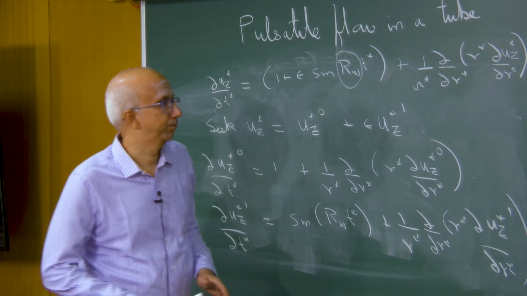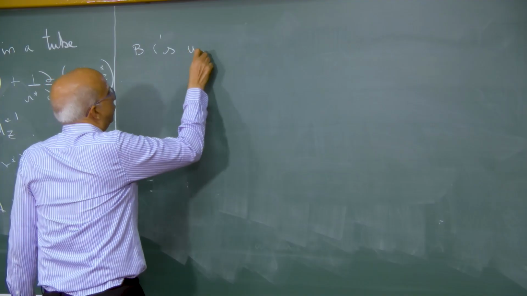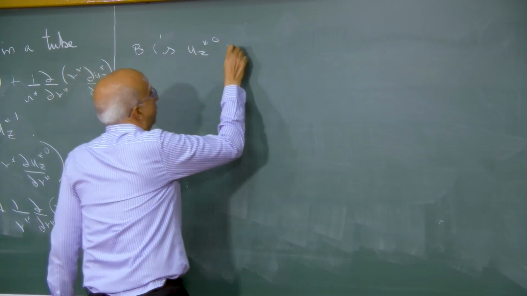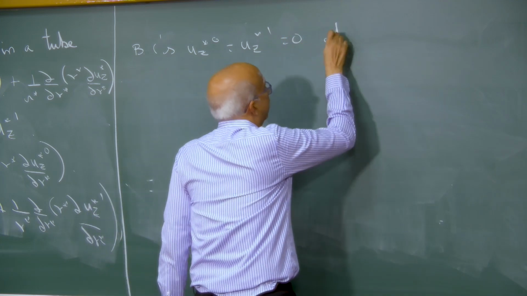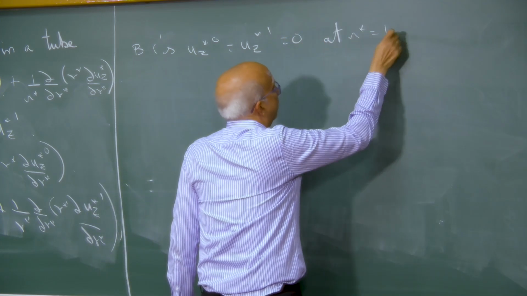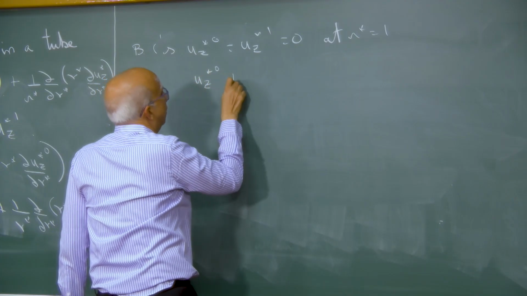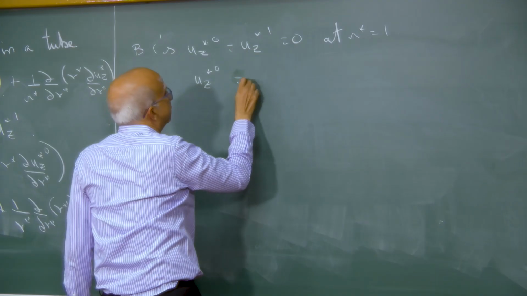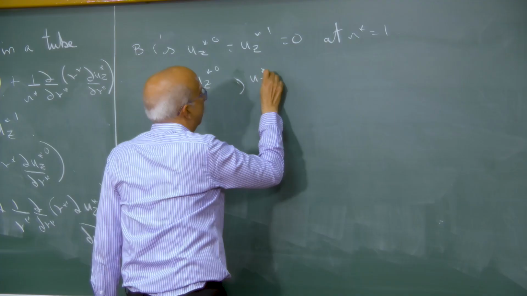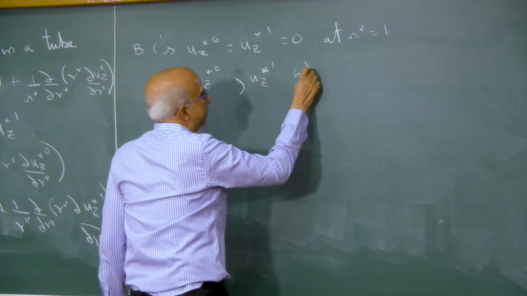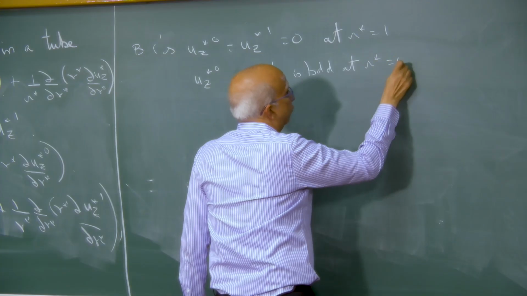The boundary conditions are u_z*0 equals u_z*1 equals 0 at r* equal to 1, and u_z*0 and u_z*1 are bounded at r* equal to 0.